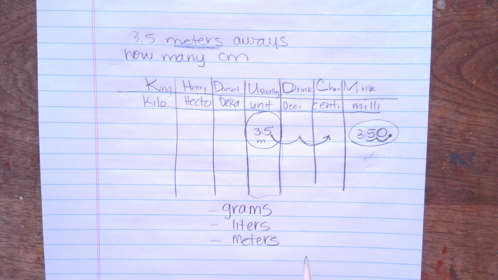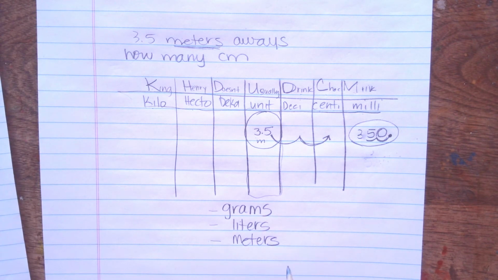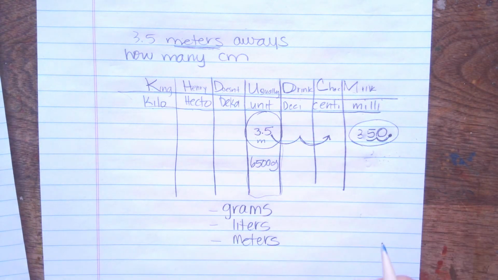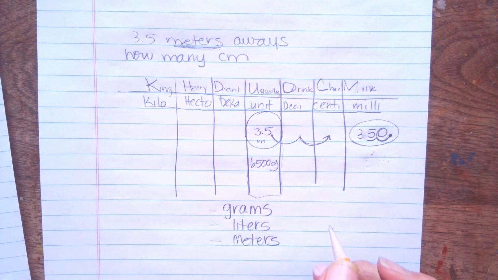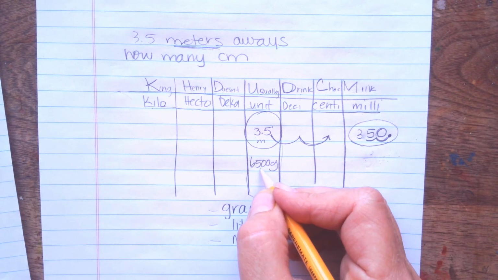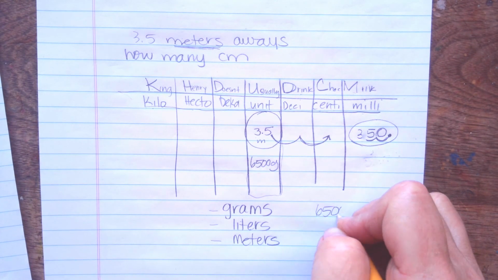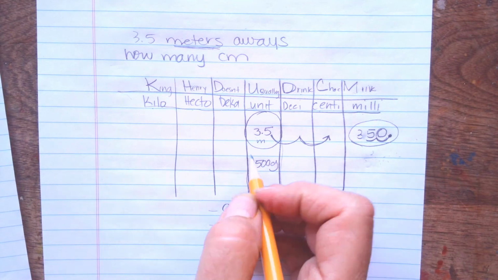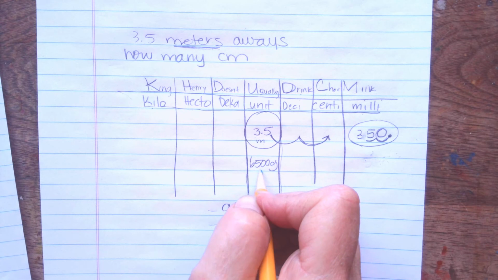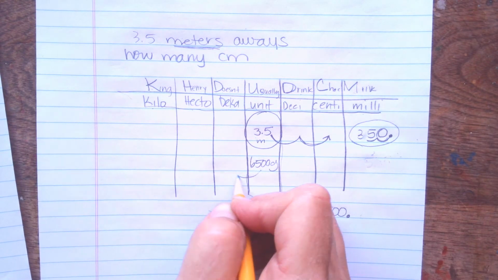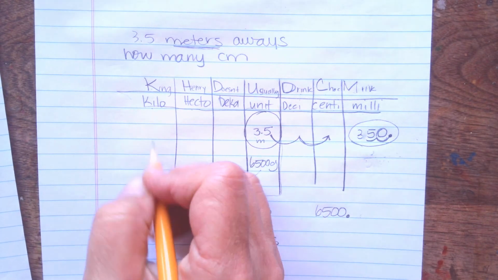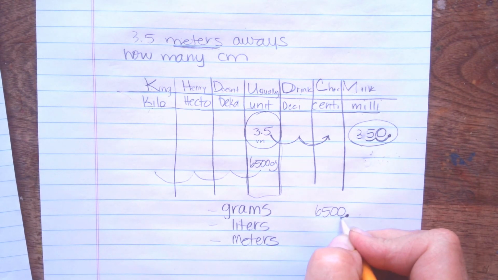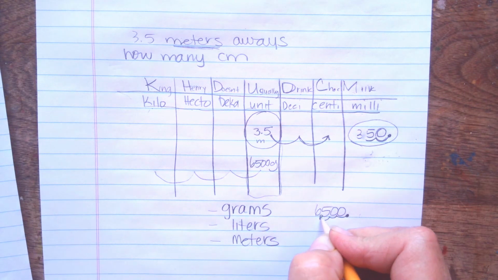So they're saying that a package weighs 6,500 grams. How many kilograms does it weigh? So this 6,500 has a decimal right here. So we're going to write that in. And then we're going to jump this way to kilos, which is 1 jump, 2 jumps, 3 jumps, because here's our kilo. So we're going to make our decimal go 1, 2, 3 jumps this way.